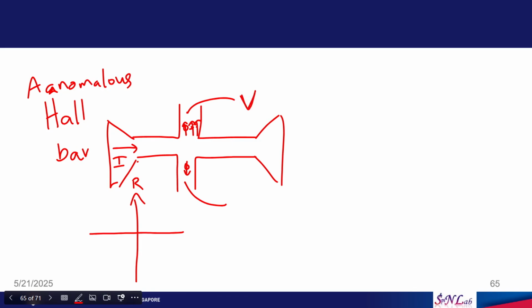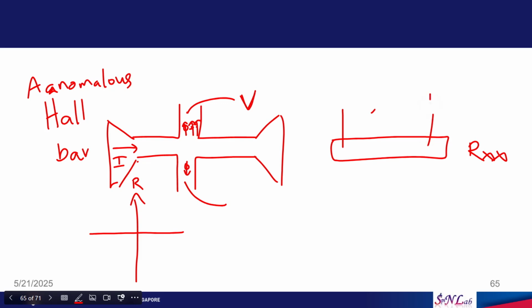Okay. So, when you measure the resistance of this wire, for example, let us say you have a wire, we use the term RXX.